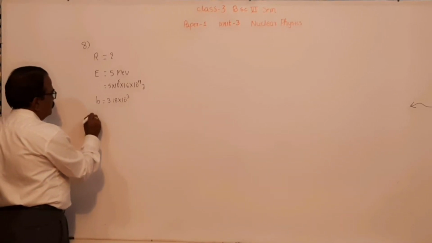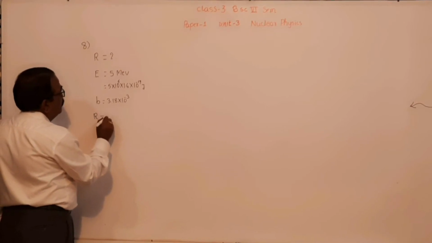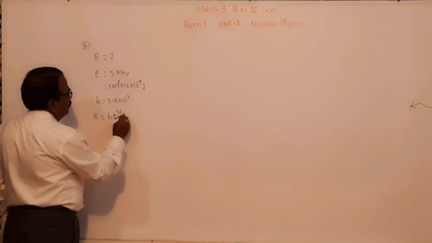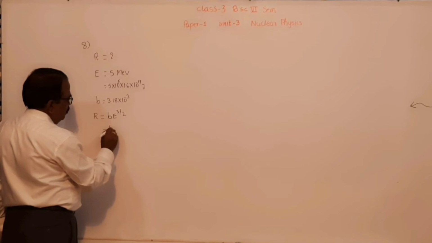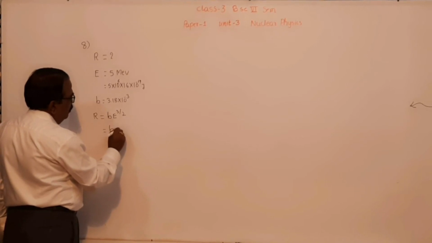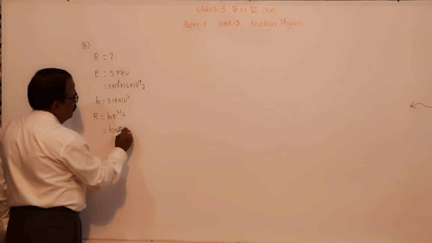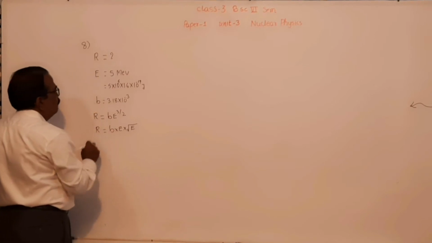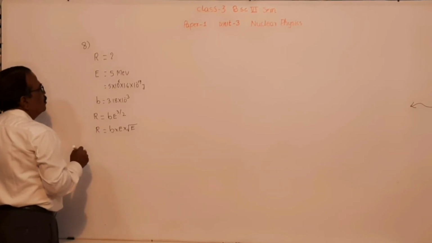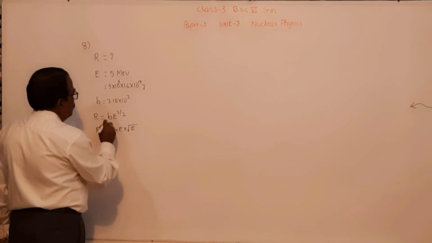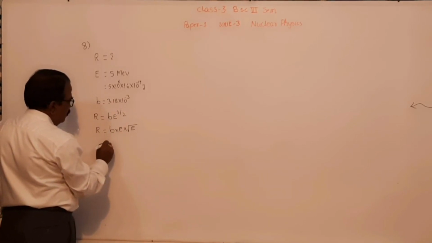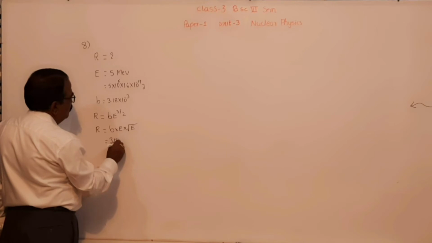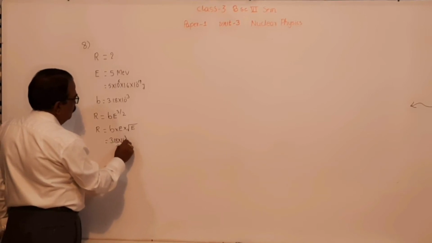Now your range is B, because the energy is given as to 3 by 2. You write this as B into E into square root of E. Then if you simplify this E, your B is 3.18 into 10 raised to minus 3.